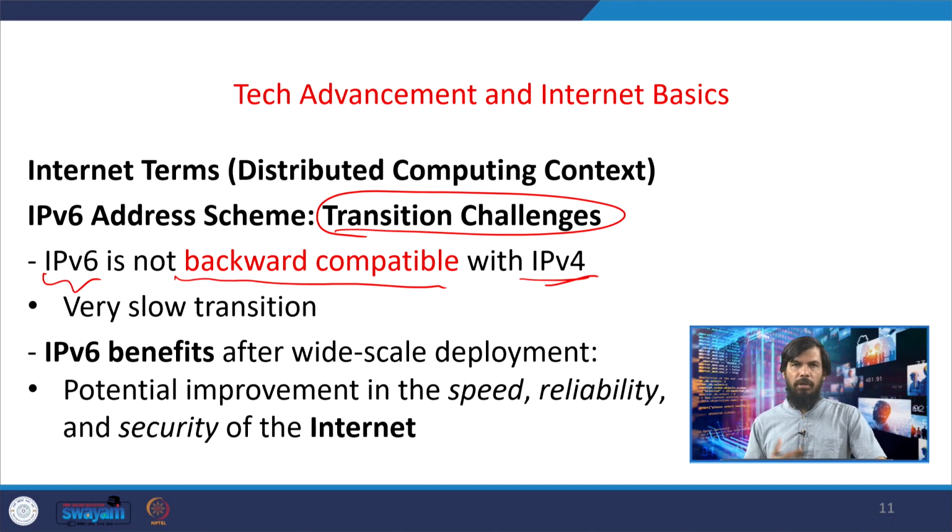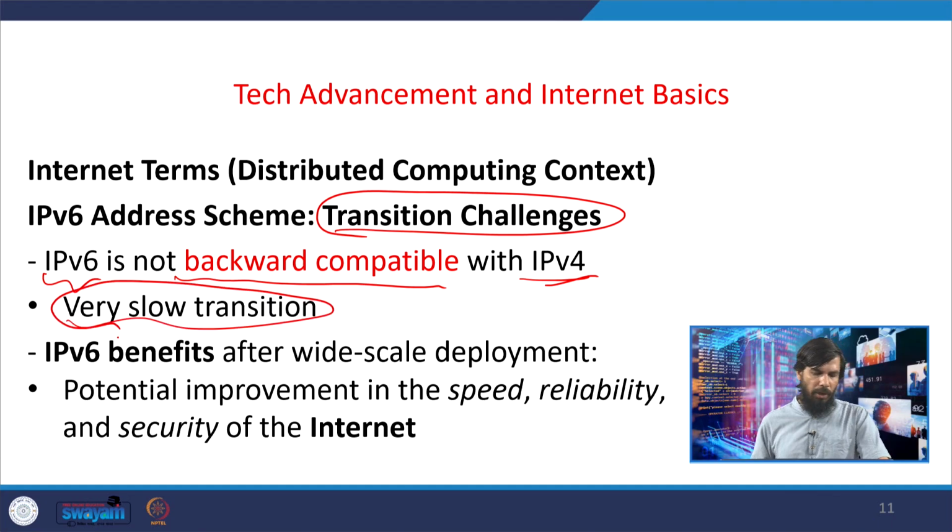So, that means the devices will have both addresses, IPv4 and IPv6, and slowly the IPv4 addressing is to be phased out. Because of the simultaneous use of both formats, IPv4 and IPv6, there is a very slow transition. So, there is no immediate transition.